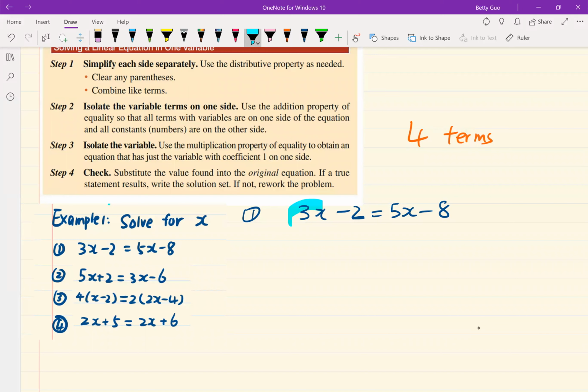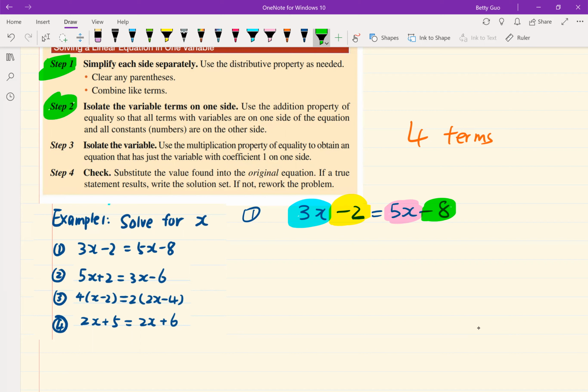I'm going to color them blue, yellow, pink, and green. We skip step 1 because we can't really simplify either side because they are already simplified.